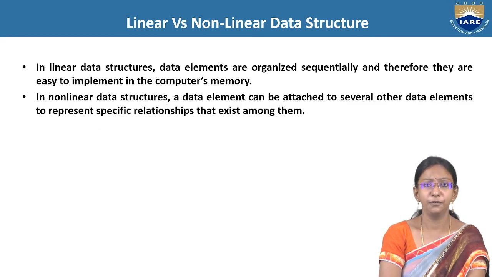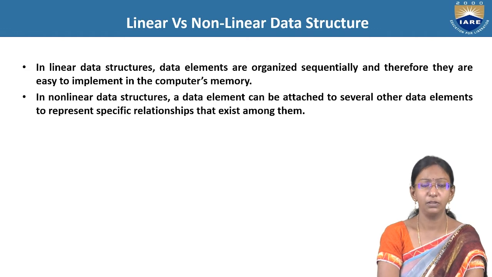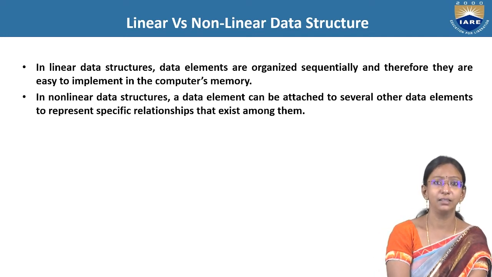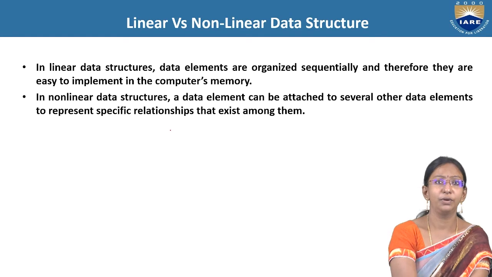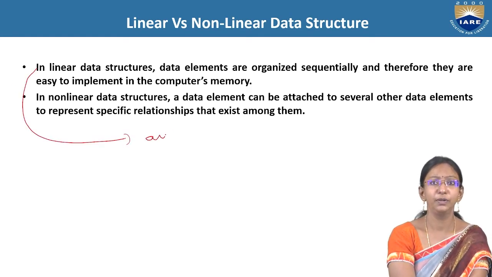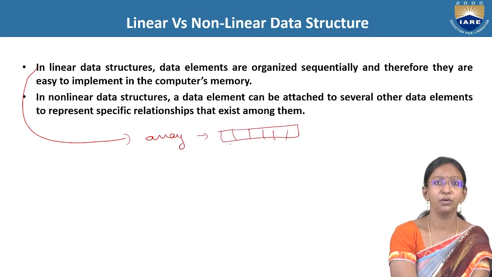Then the basic difference between linear and nonlinear is, in the case of a linear data structure, as I said, one data point is related to another data point. Diagrammatically, if you take an array as a linear one, the elements are stored in contiguous memory locations.